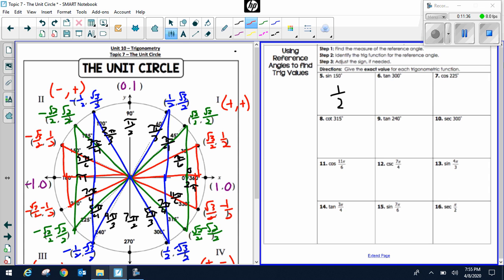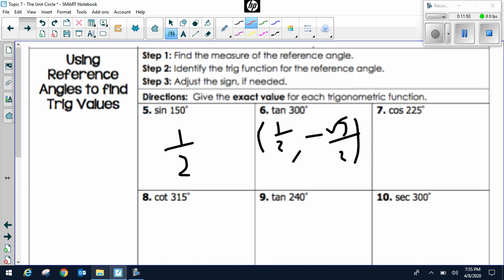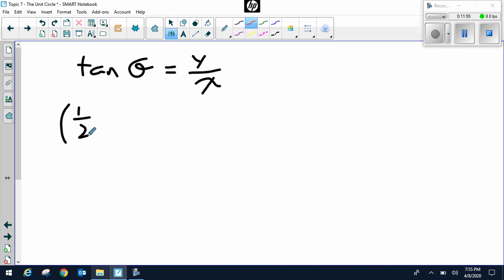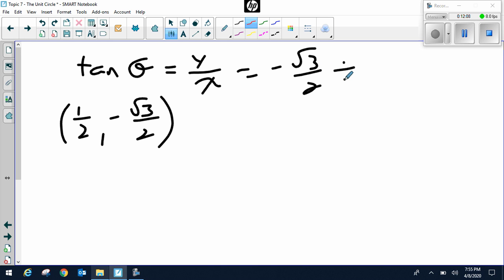So first, for tangent, you need the x and the y. So the ordered pair is negative square root 3 over 2, 1/2. So now I'm going to make this a little bit bigger, and we're going to go to the next page. So tangent of theta is y divided by x. Now we're finding the tangent of 300, whose ordered pair is 1/2, negative square root 3 over 2. If I do y divided by x, I would have negative square root 3 over 2 divided by 1/2.